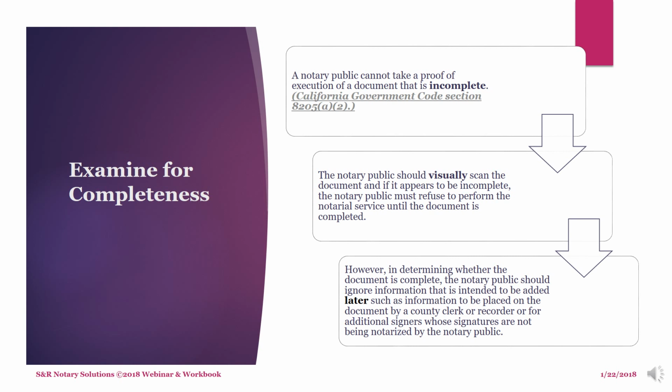However, in determining whether the document is complete, the notary public should ignore information that is intended to be added later, such as information to be placed on the document by a county clerk or recorder, or for additional signers whose signatures are not being notarized by the notary public.